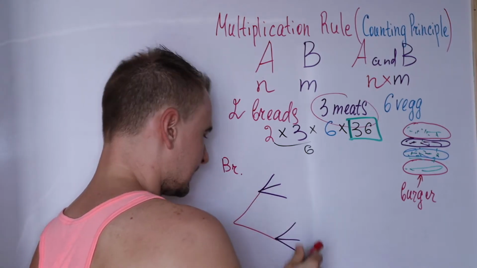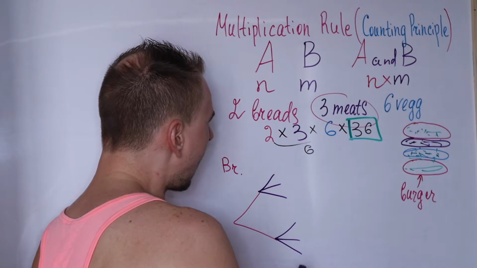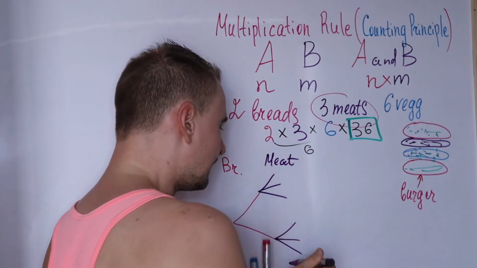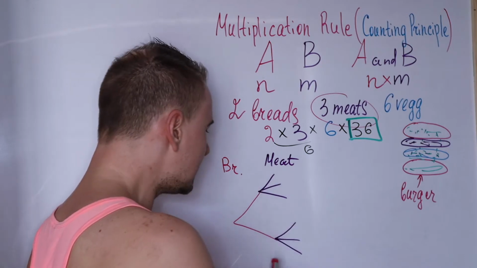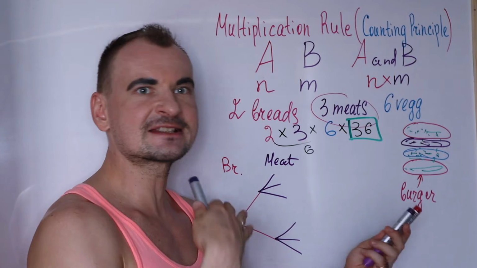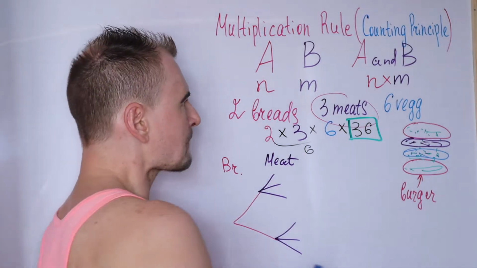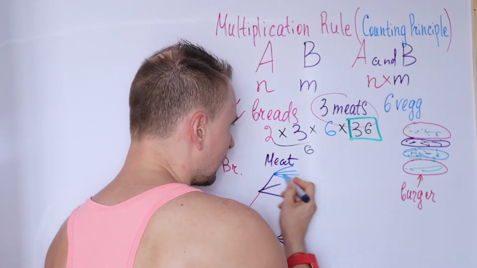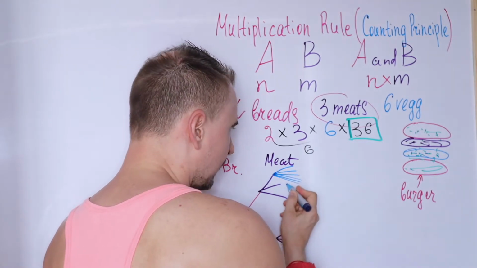You could write it like this. So this is your meat, types of meat. And finally, for each of these meats, you could select one of these 6 different variations of veggies. So you have 6: 1, 2, 3, 4, 5, 6, for each one.